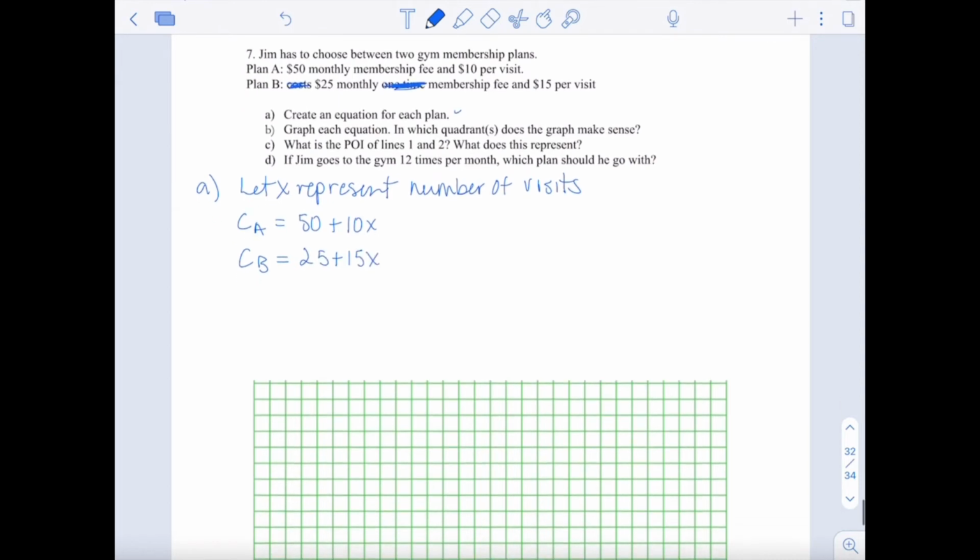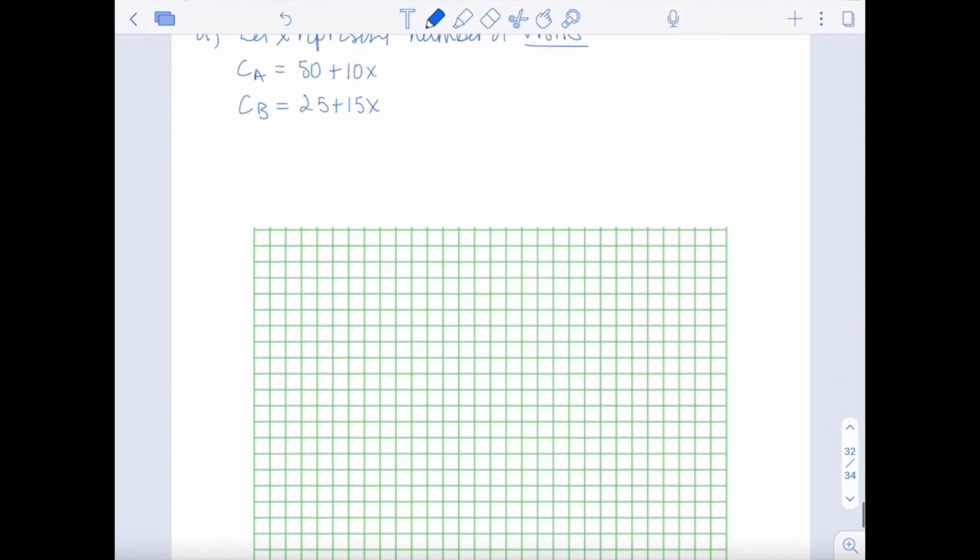So we've created an equation for each plan, and now I want to graph each equation. So I'm going to realize that before I even go to plot this, the only quadrant that this makes sense in is Q1, because number of visits has to be positive, and also money has to be positive in this case because it's being paid.